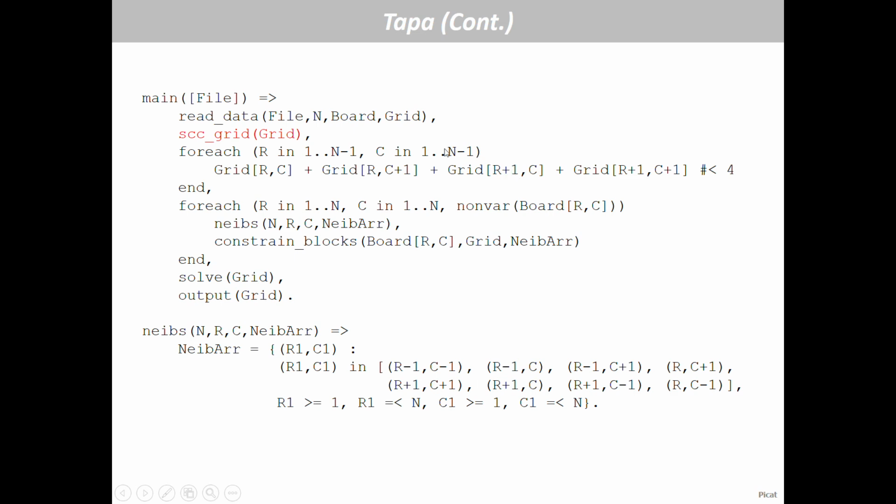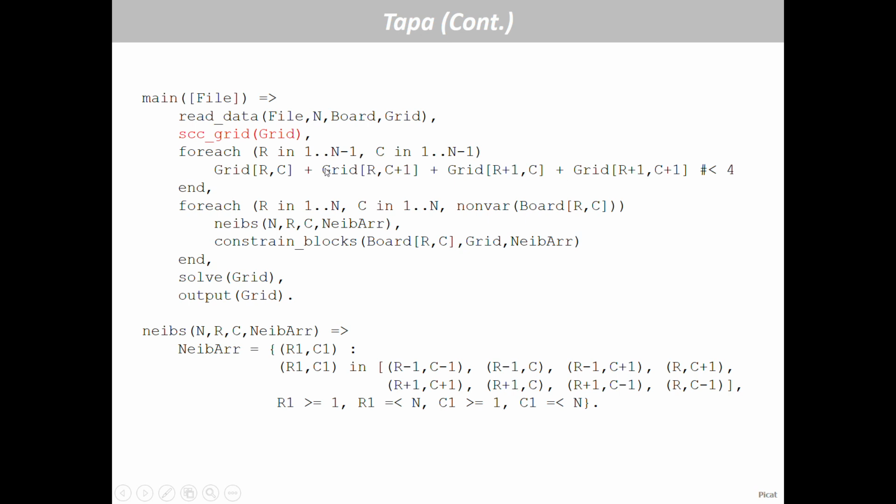It reads data, and it uses a board that indicates the clue numbers, and also a grid, a two-dimensional array of 0, 1 variables. This forms a strongly connected component, and no 2 by 2 black cells.